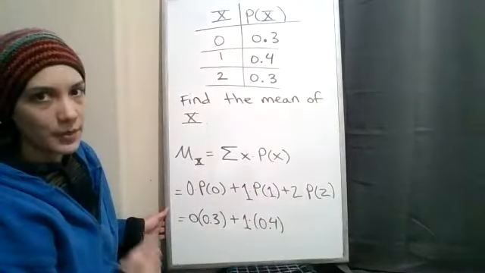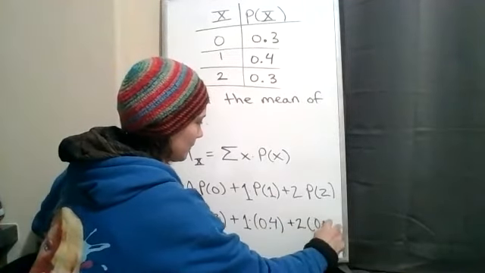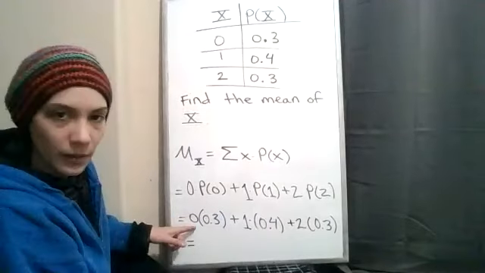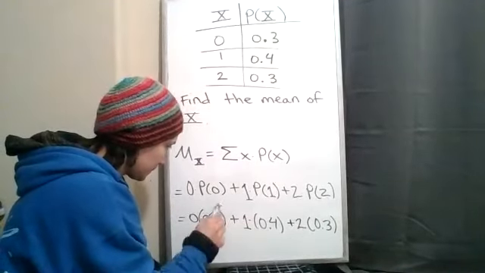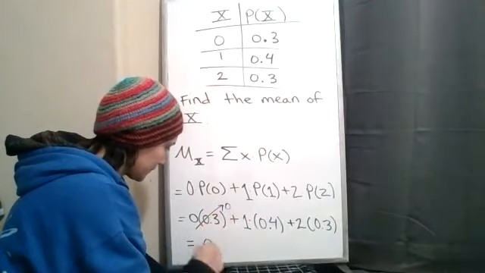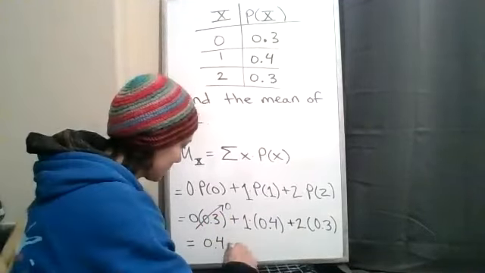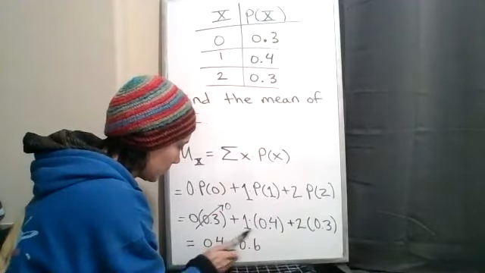Add 2 times 0.3. All right. So that's 0 plus 0.4. And plus 0.6. So I got 1 total.